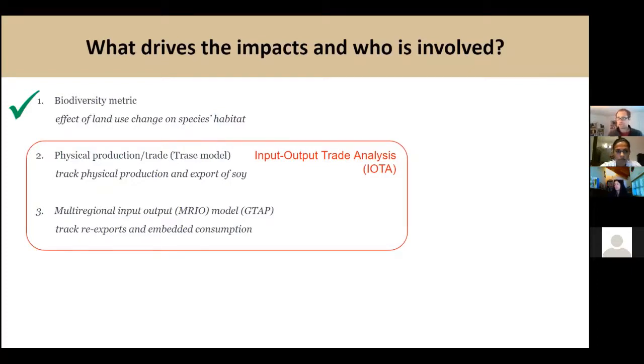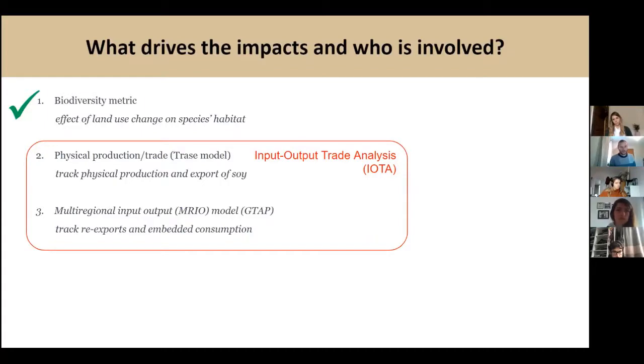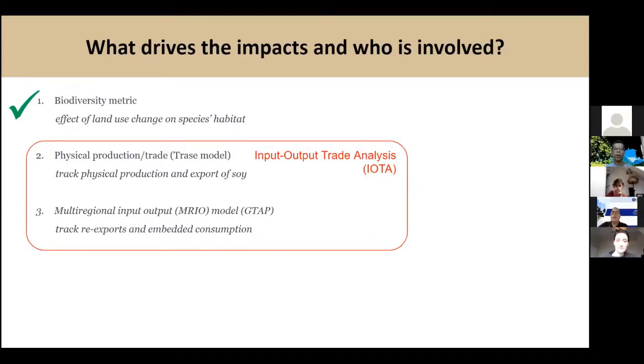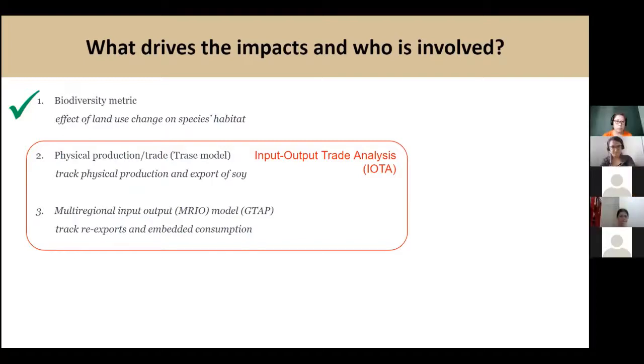IOTA was developed at York with Simon and Chris. Chris West is on the call. At the moment, it's implemented using TRACE and GTAP, but the framework could be extended to incorporate other material flow accounts and other MRIOs.